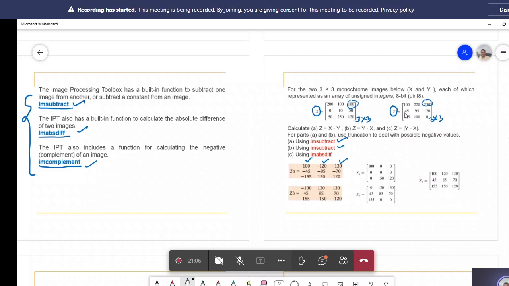Okay. So it is for the A using imsubtract. हम इसको मैटलैब में यूज करेंगे उसके लिए. यहाँ पर हमने किया है z equals x minus y. नाउ अब हमको इसको एक हमारा जो राइट करेक्ट फॉर्म है उसमें लिखना है. तो 100 के लिए क्या हो जाएगा आपका, ये 100 आ जाएगा. बट इफ यू आर गेटिंग in negative value, so what we have to write here, it is 0. ये क्लियर है आपको?